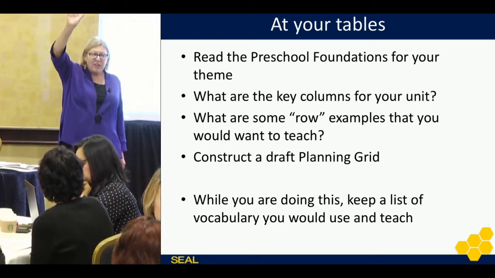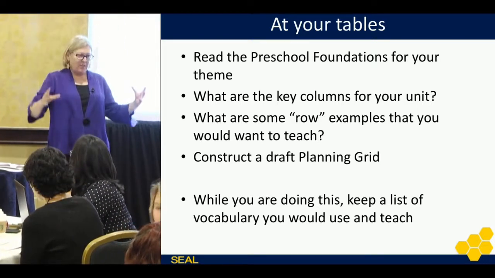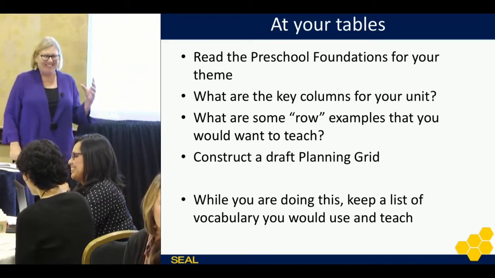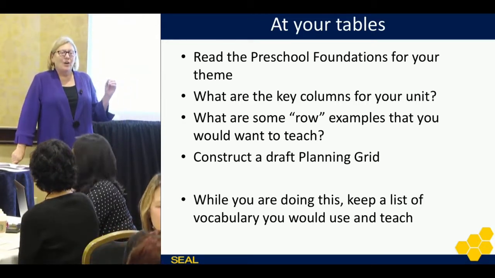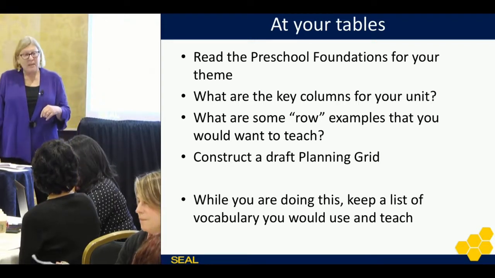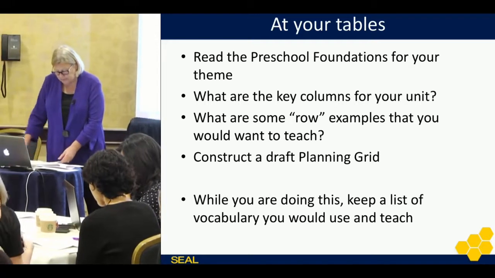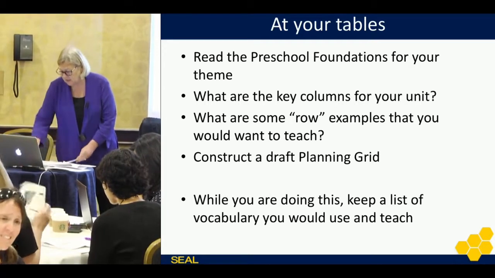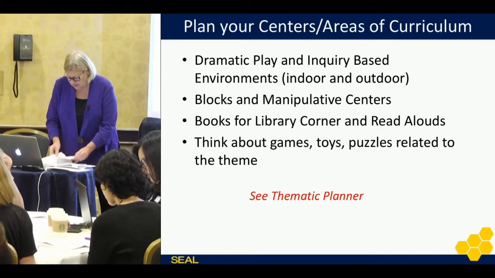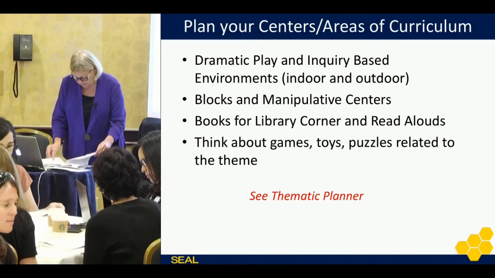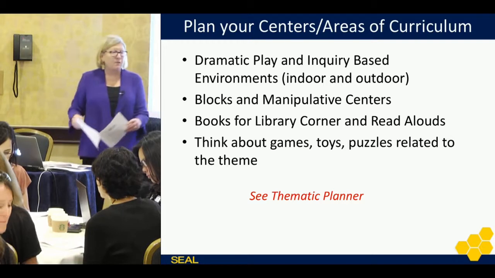You're getting a picture of what it takes and the steps to go through. The next parts get really into strategies. If you look at the blank thematic planner again in your handout, after we've done our planning grid, we define some key vocabulary.